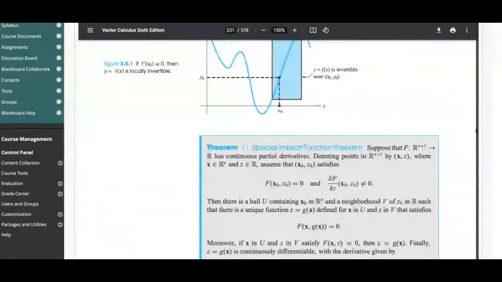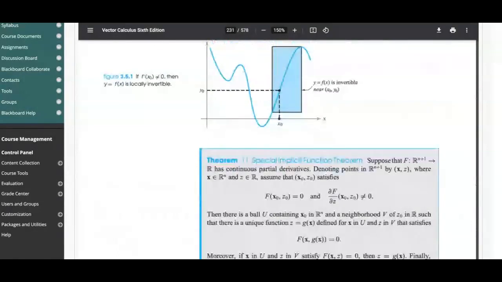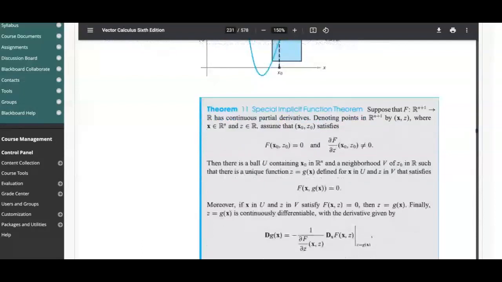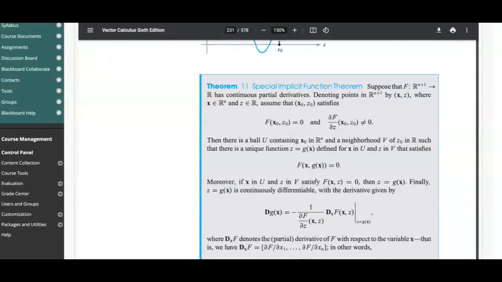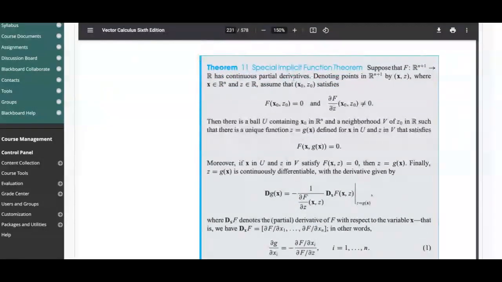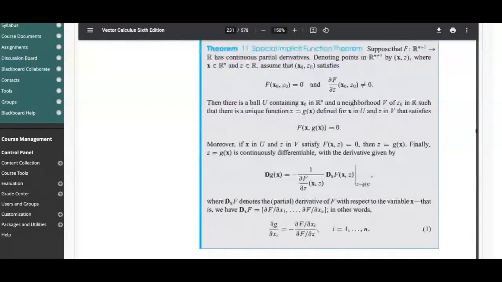So similarly, this word invertible means the inverse function exists. A lot of times we cannot find the inverse function for a function, but certain times we can. The idea is the same. These are the previous conditions.